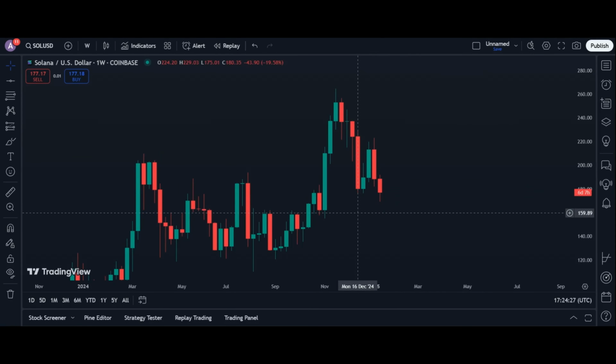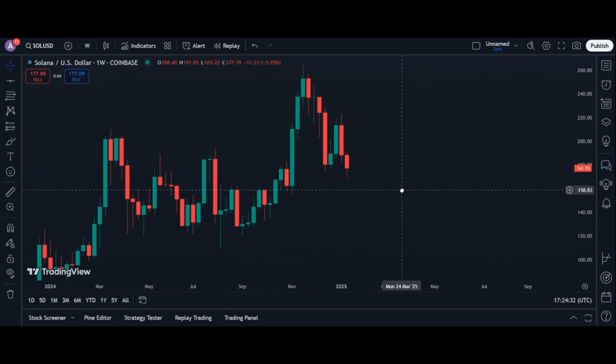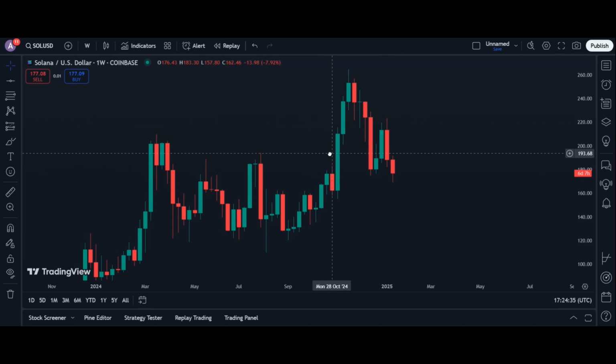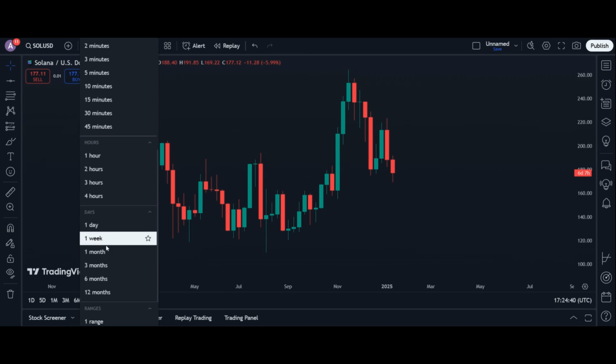The second market that I'm going to talk about is Solana. At first, as I mentioned earlier, I will change the time frame from daily to weekly, because the weekly time frame includes less complexity and price fluctuation, and also shows a better long-term perspective.